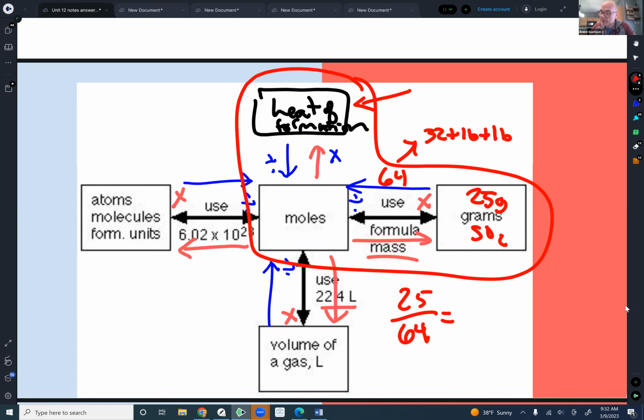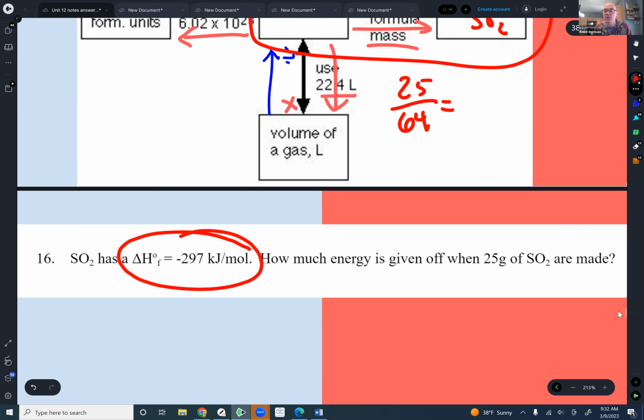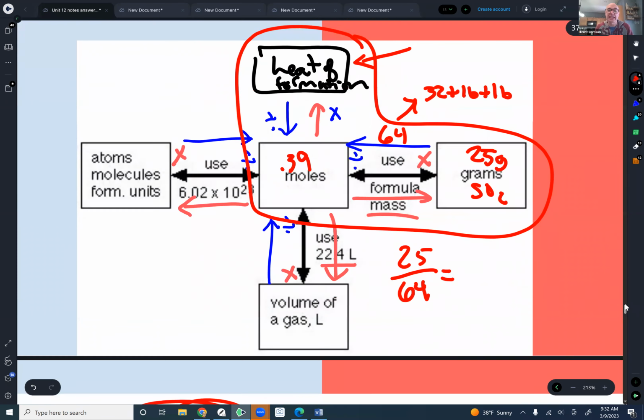So 25 divided by 64 is equal to 0.39 moles. Now, we're not asked for moles, we're asked for heat of formation. So if we look at the subsequent information in this problem, it says that the heat of formation is negative 297 kilojoules. Remember, the unit of heat is kilojoules.